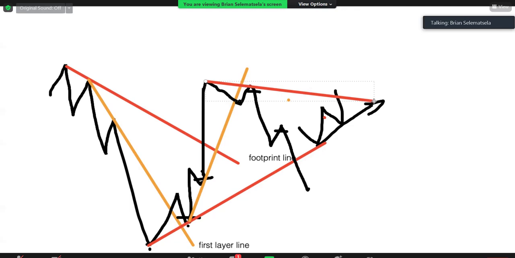The reason why we rely on the breaking of the first layer is because there's no certain amount of pips or profit target we can aim for that will be the same over and over again. So it's all about the market, whatever you can take when such movements happen.